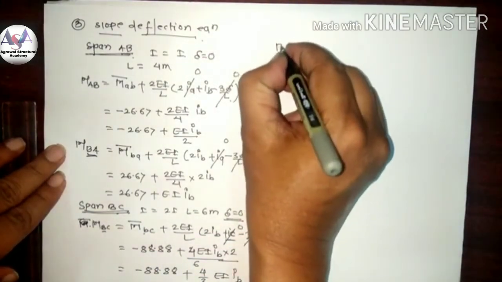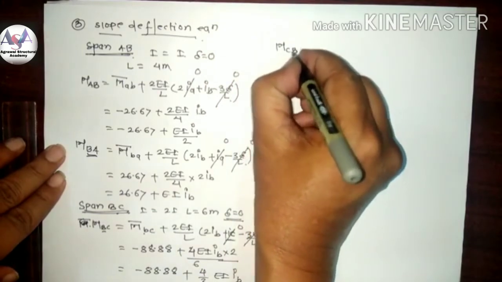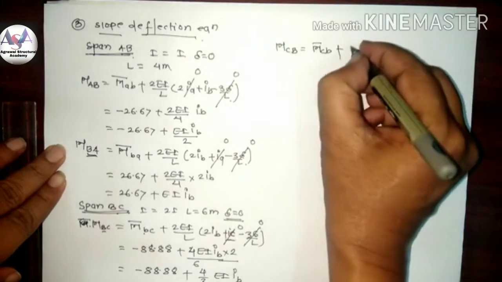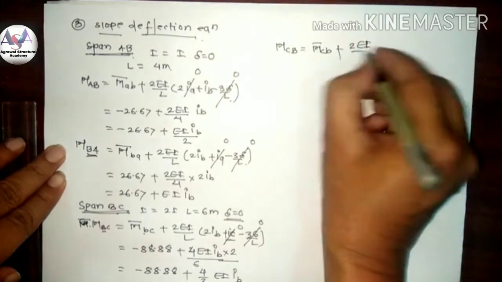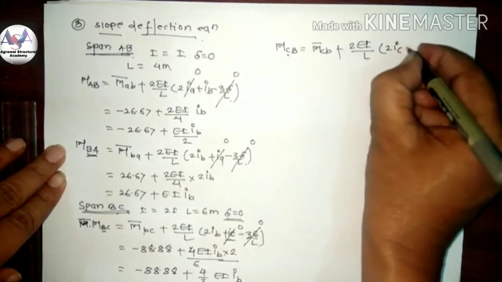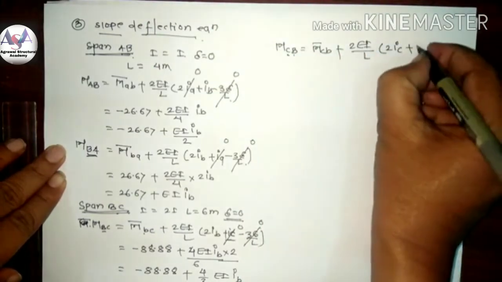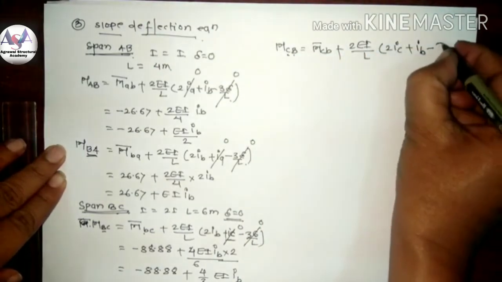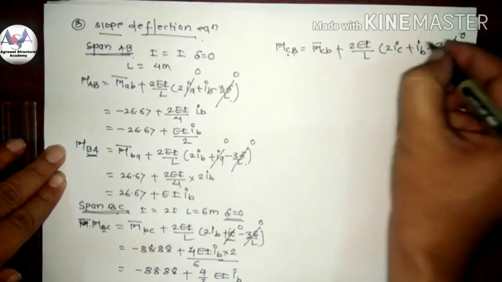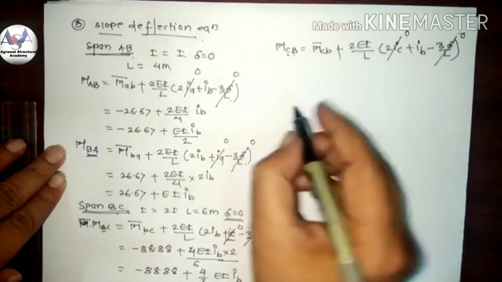Then MCB is equal to M bar CB plus, you know, here the formula twice EI by L. Here the starting point is C, so here take twice θC plus θB minus 3δ by L. So we know δ is 0, θC is 0.